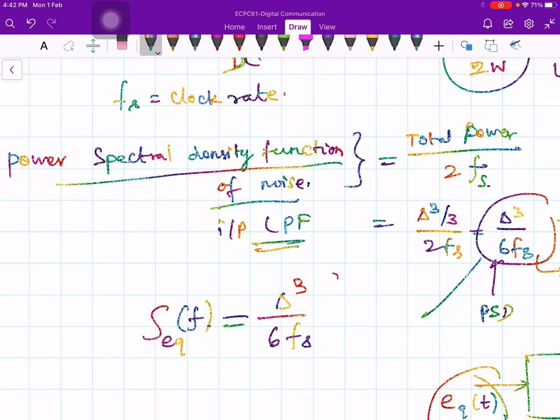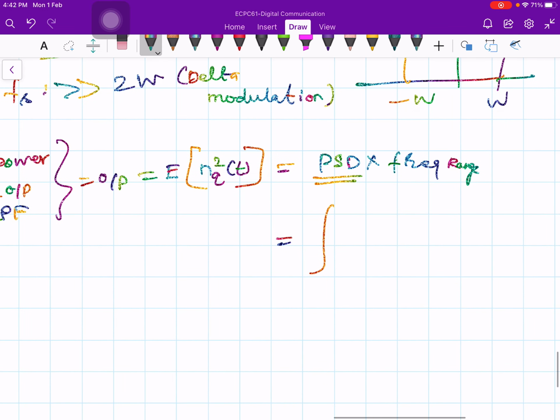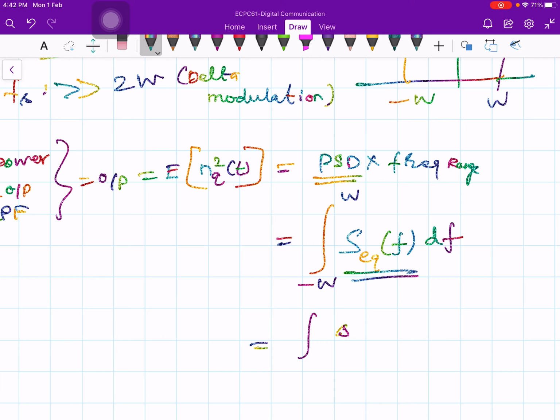So take this power spectral density and substitute here: S suffix EQ of F times the area df. The range is from minus W to plus W, and this is delta q by 6 Fs df.